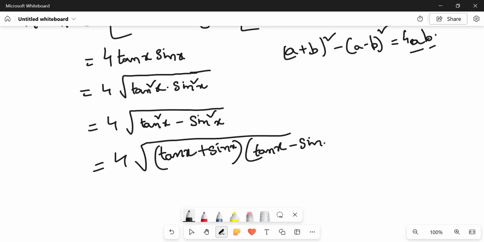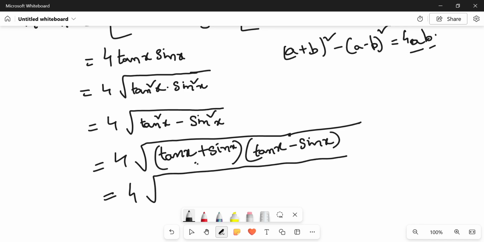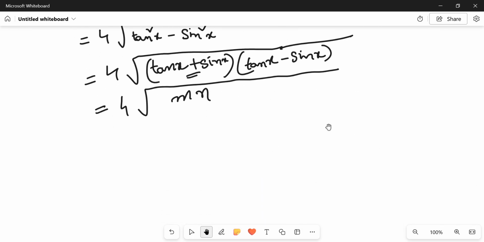We just break this off. But tan x plus sin x, in the problem they have given it as that is square root of this part. The first part of the problem is nothing but m, and the second part is nothing but n. That's the answer. So that is our required RHS. You can see that.